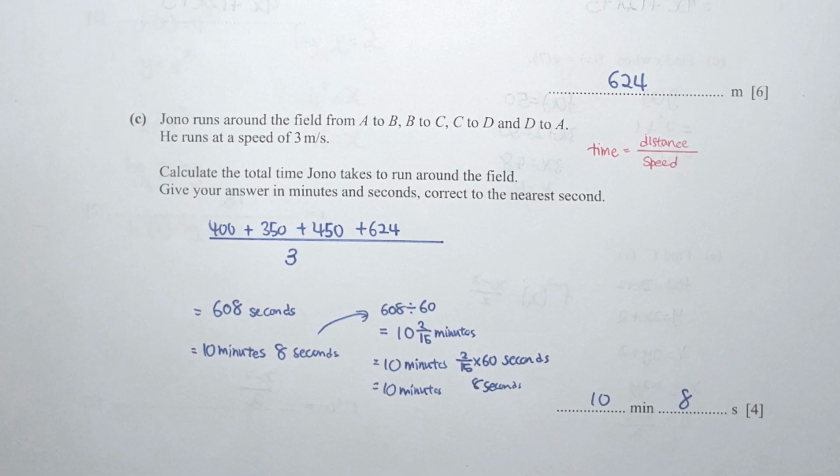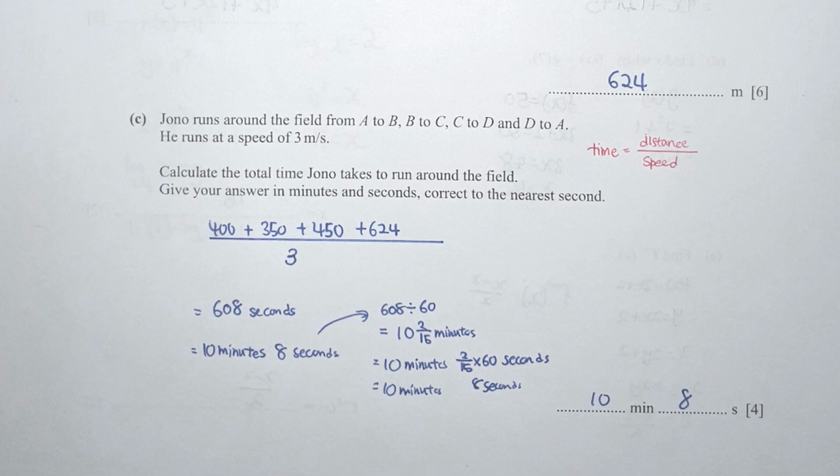As for part C, Jonas runs around the field A, B, B, C, C, D, D, A. He runs at a speed of 3 meters per second. So calculate the total time required. I took 400 plus 350 plus 450 plus 624. And then he runs at the speed of 3 meters per second.